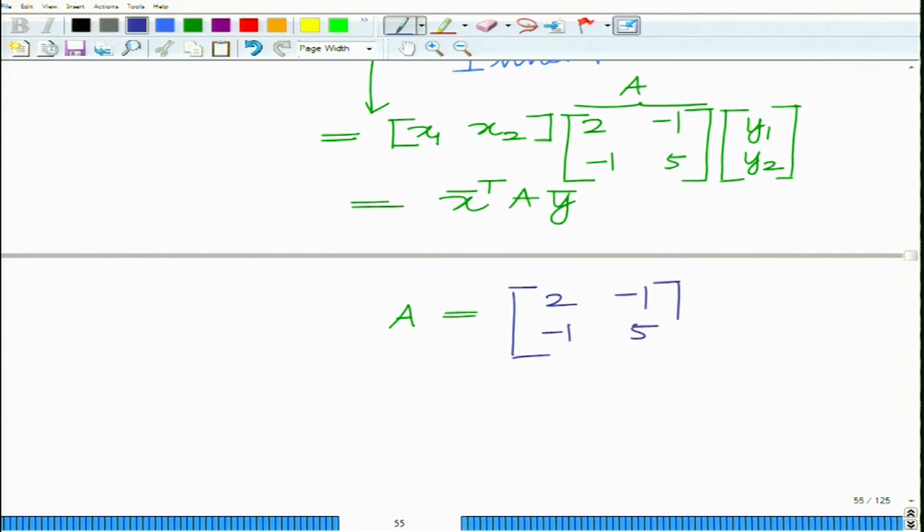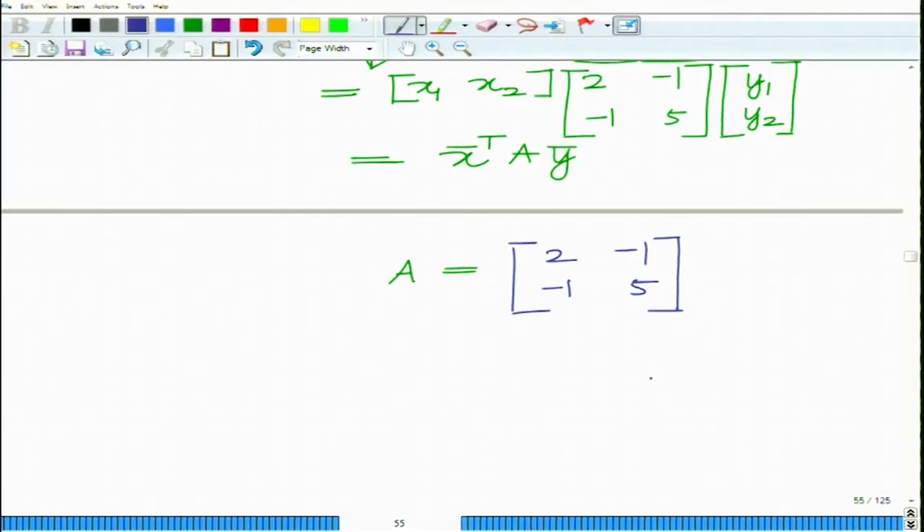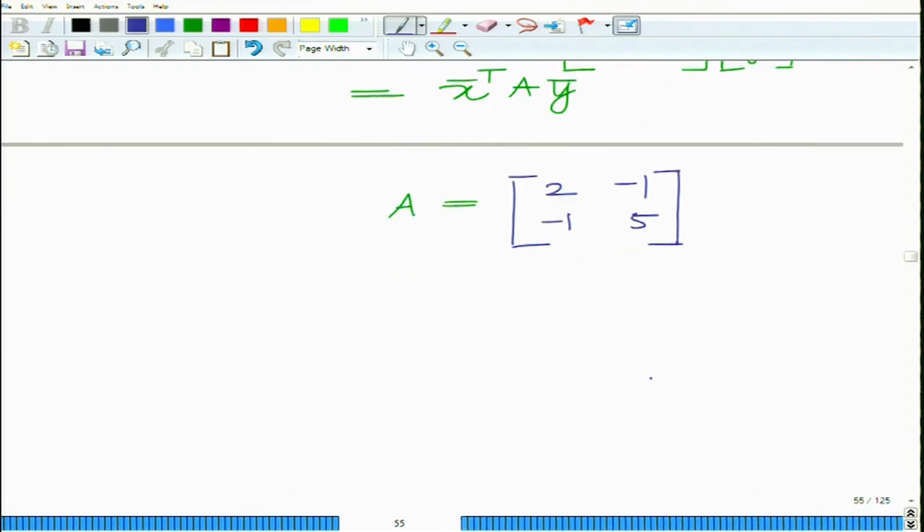You can see that this is basically another way of writing the inner product that we have just defined. And now you can show a very interesting property of this matrix. In fact, this matrix A is a positive definite matrix.